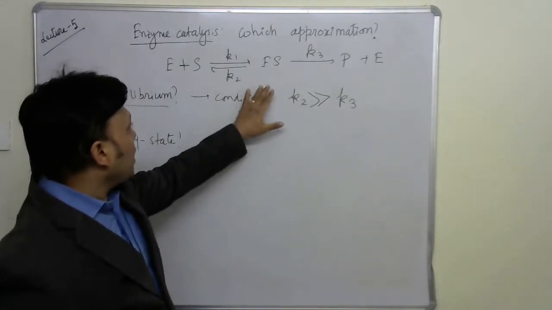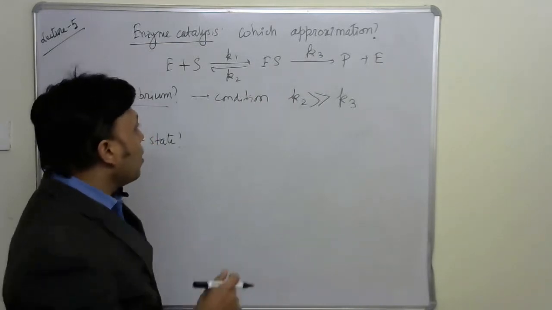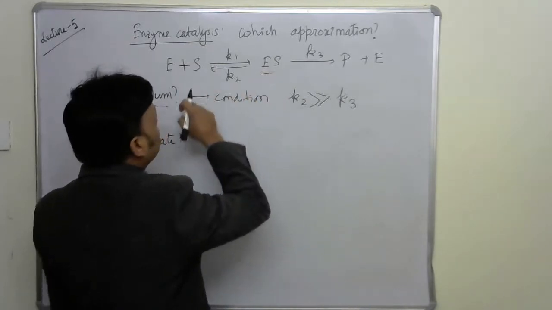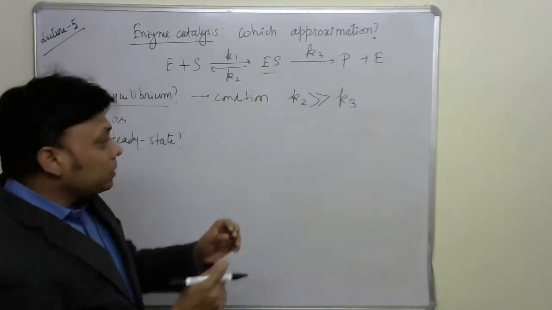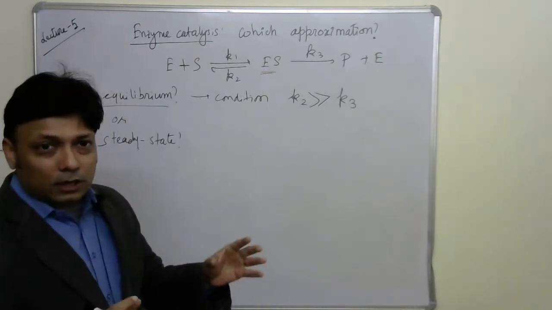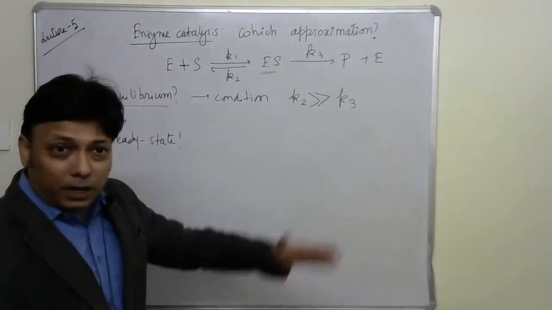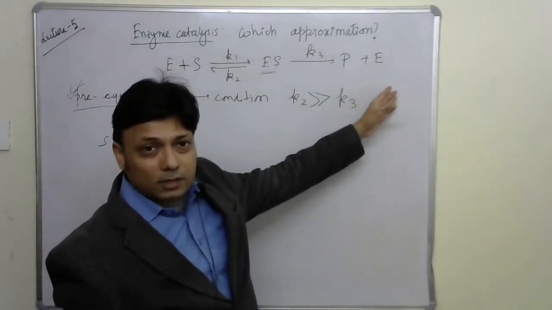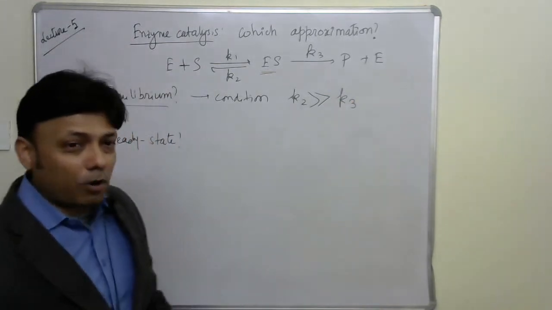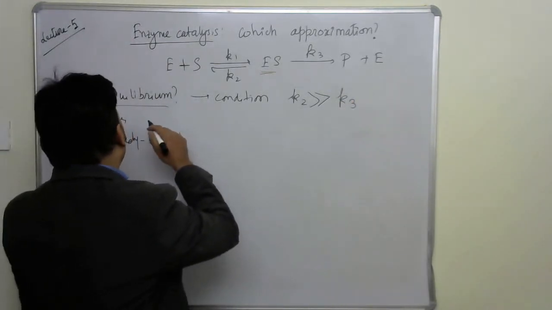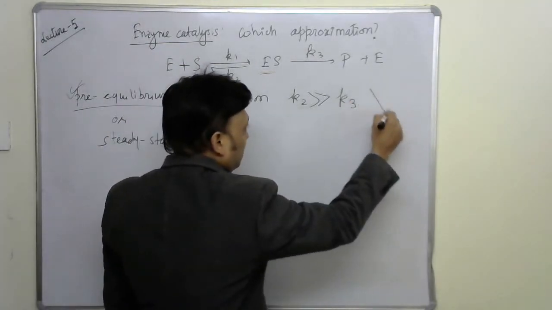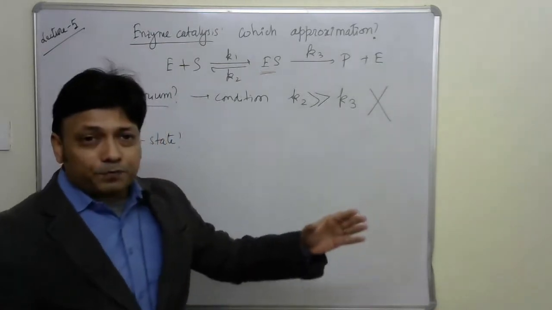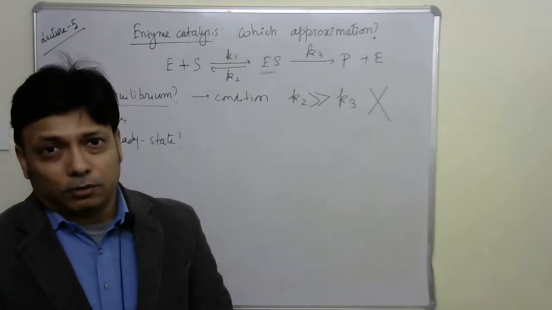If k2 is much higher than k3, that means once the enzyme substrate complex is formed, it is more inclined to go back to enzyme and substrate. That means it is more inclined to dissociate rather than form the product. But in order to have an effective catalysis, we want more and more product and enzyme. So here is a problem. We can eliminate the pre-equilibrium approximation because the condition doesn't give us a realistic scenario.